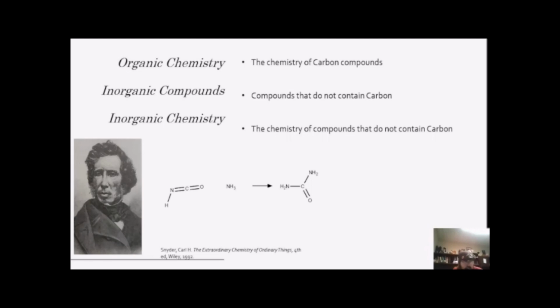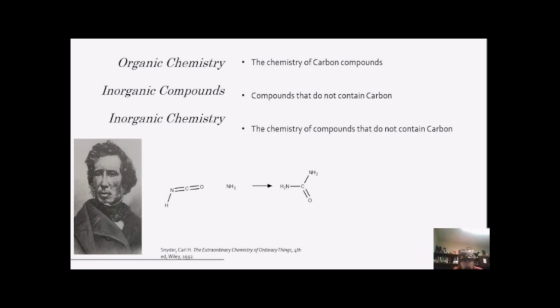But in 1828, Friedrich Wöhler, in the bottom left there, managed to prepare urea by mixing ammonia, clearly inorganic, with cyanic, or actually isocyanic acid. Slightly different because of how it's combined, but essentially we synthesized urea.